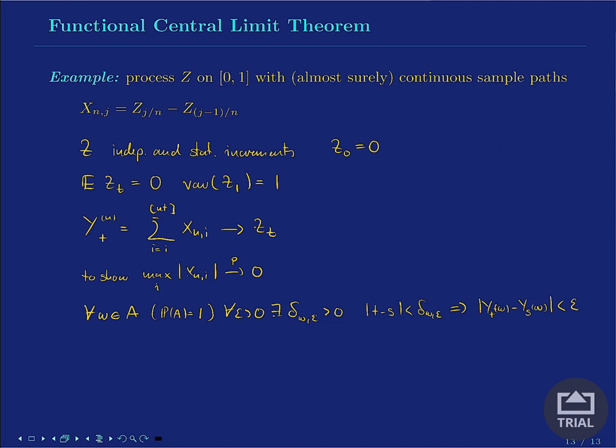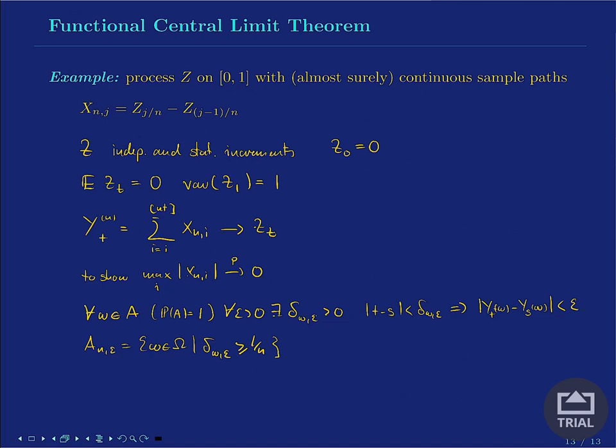Then we can define the set A_{n,epsilon} as the outcomes for which delta(omega, epsilon) is larger or equal 1 over n.